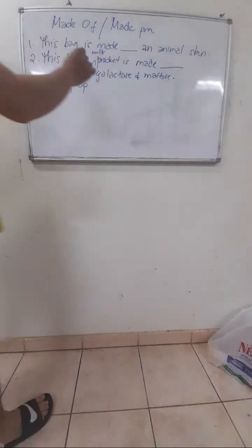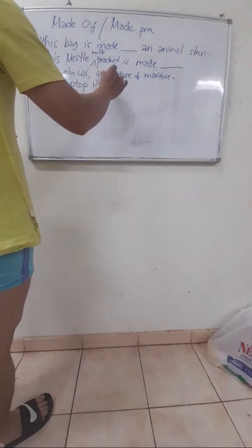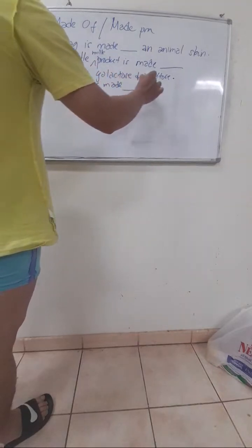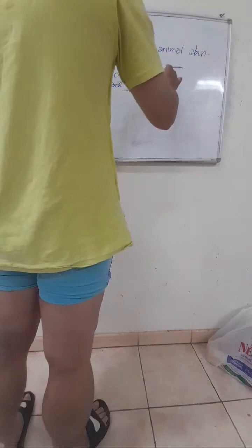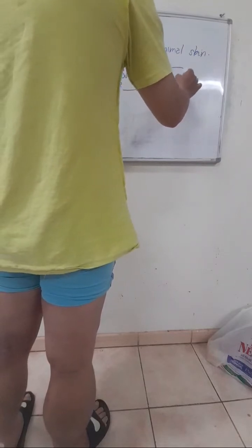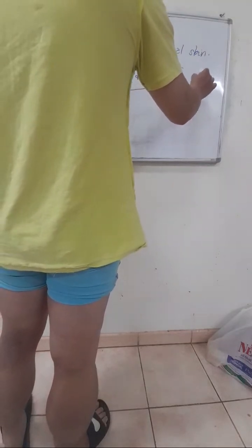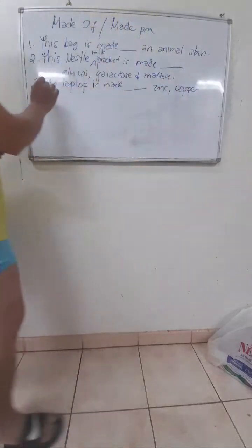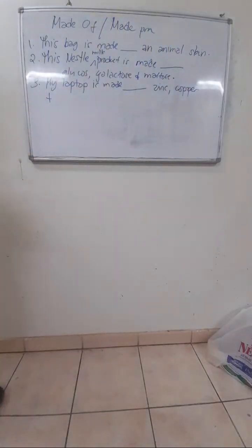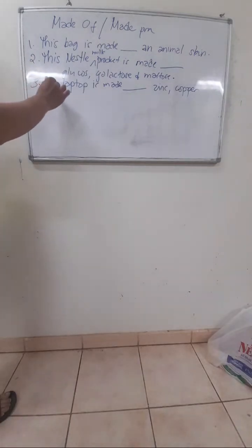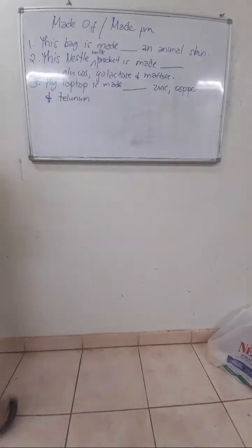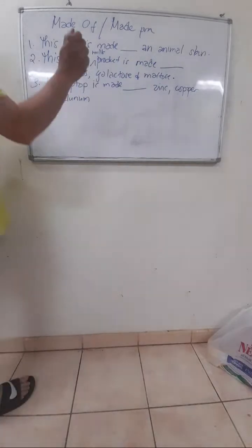Sorry, my laptop is made blank zinc, copper, and, let's say, to make it unique, I will use tellurium. Wow. And tellurium, the symbol is Te. You can say selenium, whatever elements for the purpose of discussion. Again, get the point? Period.